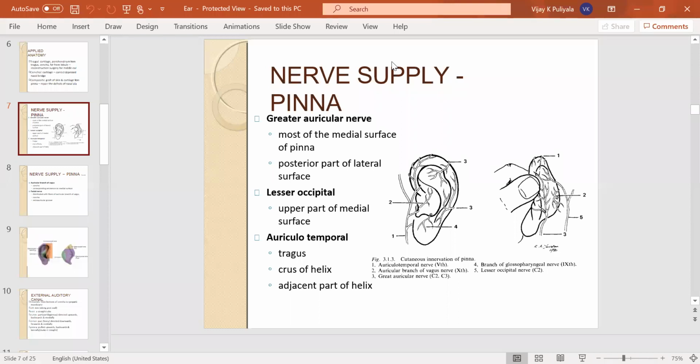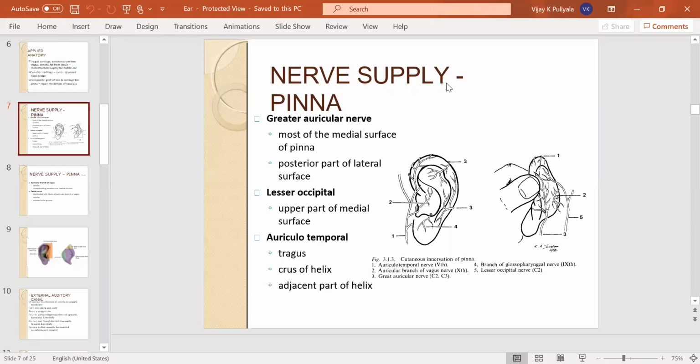That's why in the winter seasons, when cracks are seen along the lateral surface skin, it will be painful.